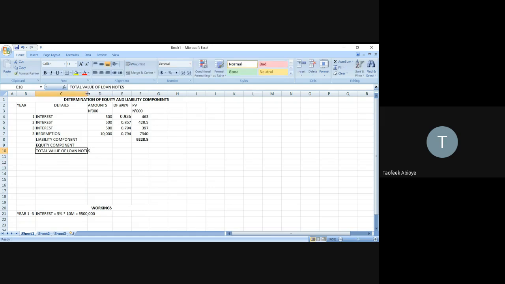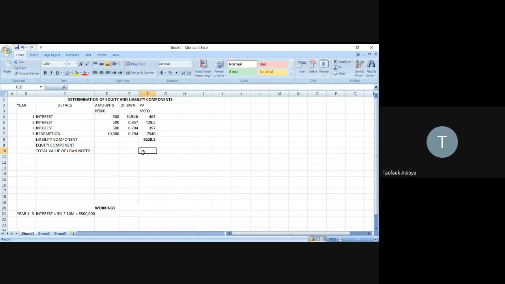How much is it? 10 million, Abi? 10 million, yes, sir. So our equity component is going to be 10 million minus that liability component. So that is our equity component.